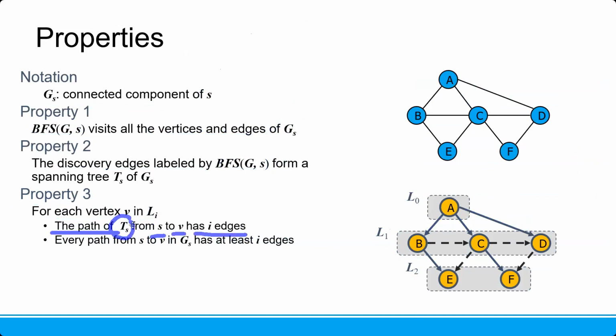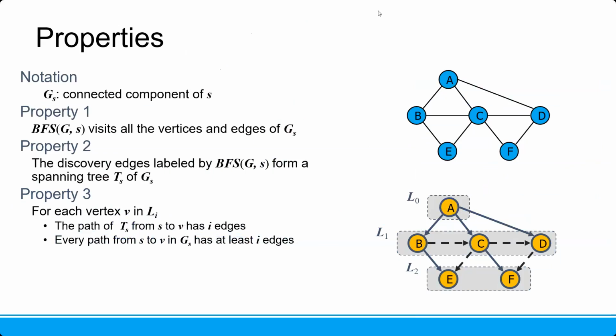So let's say this is S, to V. If V is in L1, then i equals 1, so there is 1 edge from S to V.